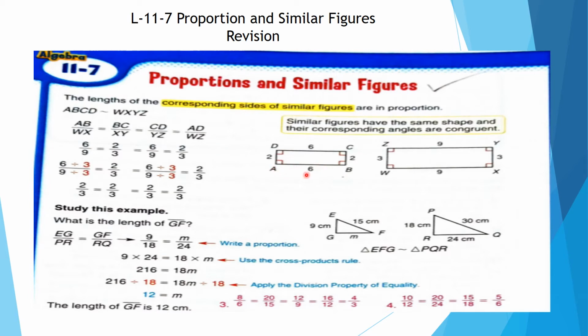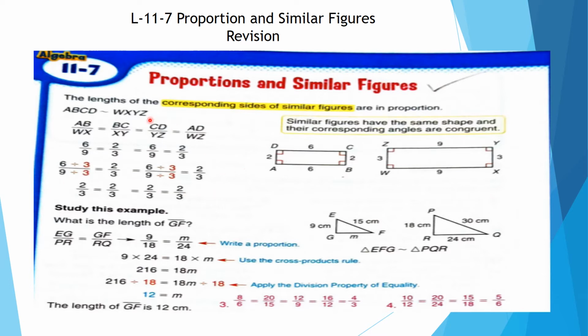AB is 6 and WX is 9, so 6 by 9. BC is 2 and XY is 3. CD is 6 and YZ is 9, and AD is 2 and WZ is 3. Then divide by 3: 2 by 3, 2 by 3, 2 by 3. All are 2 by 3.